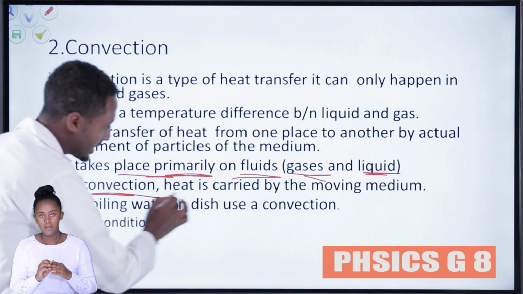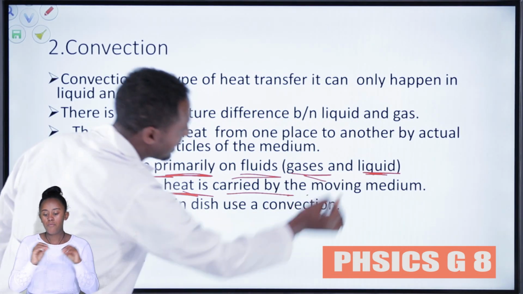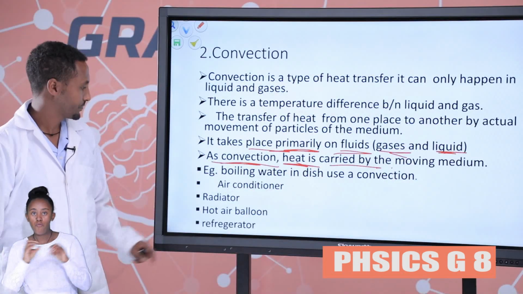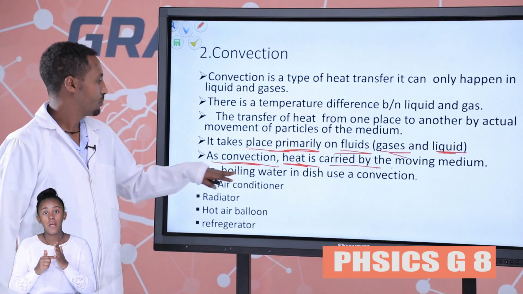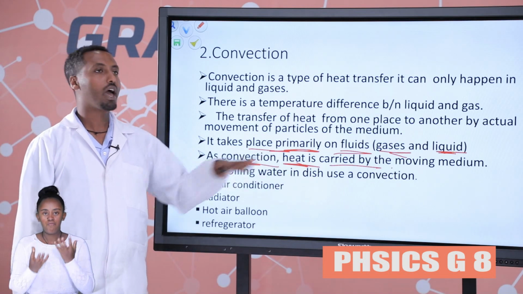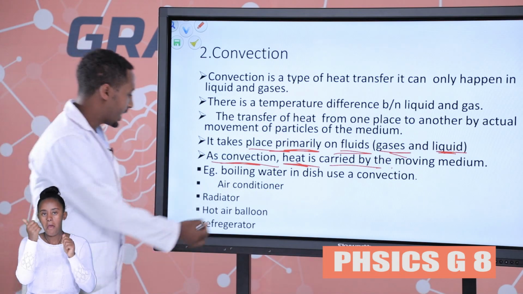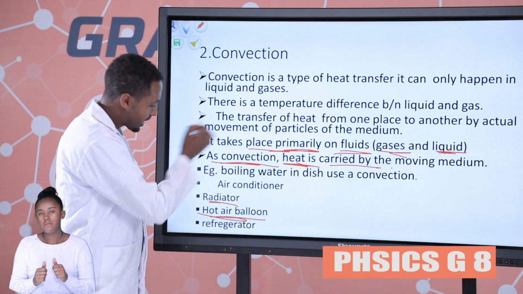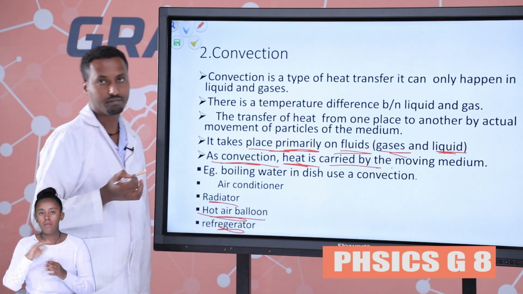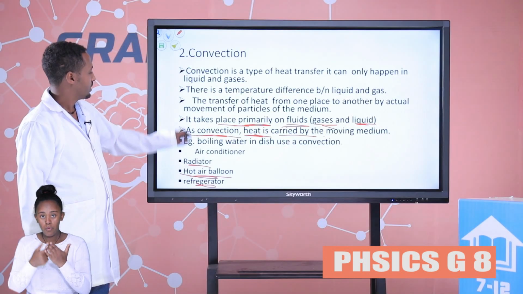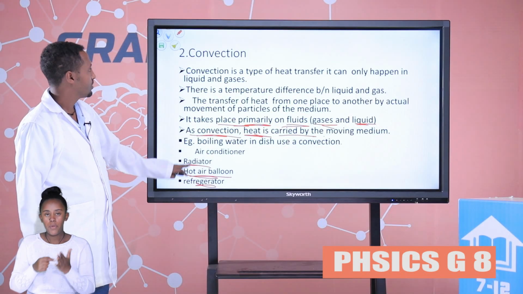Examples: boiling water in a dish uses convection. The others are an air conditioner, radiator, hot air balloon, and refrigerator. These are all examples of convection.